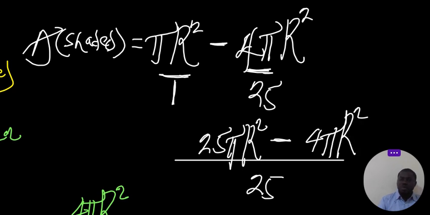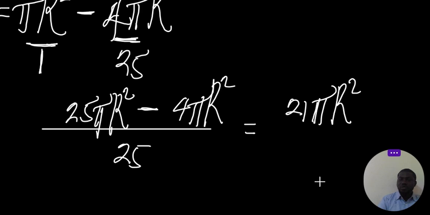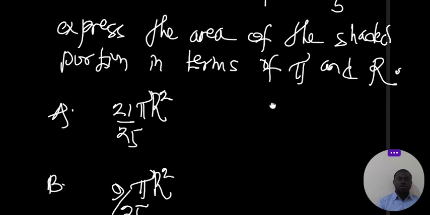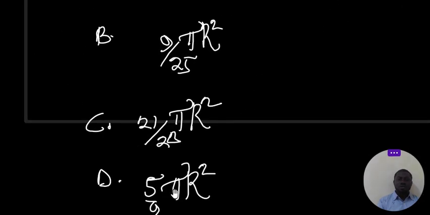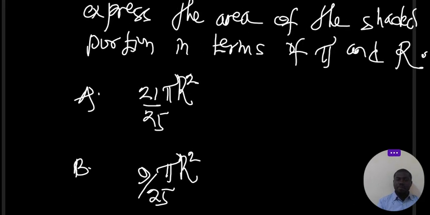So 25 pi R squared minus 4 pi R squared is obviously 21 pi R squared, all divided by 25. So 21 pi R squared divided by 25. Option C is divided by 23. So the correct answer is option A.